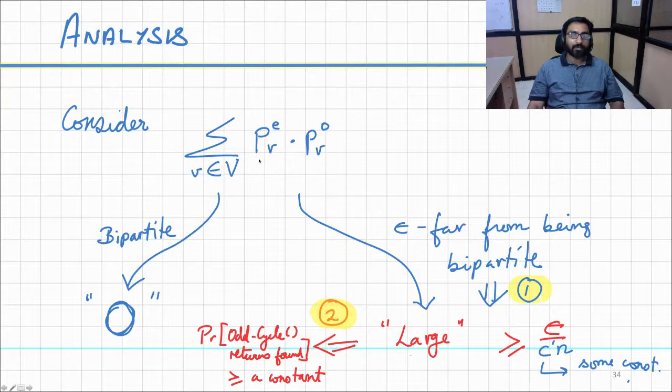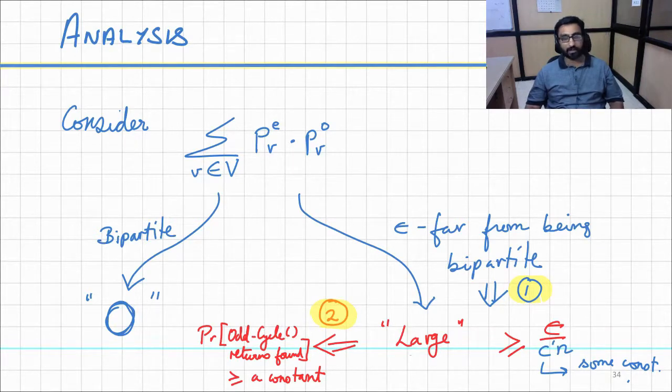In particular, we want to show that it is greater than epsilon over C prime n. And given that the summation is so large, we need to show that the odd cycle subroutine will return a found verdict with some significant probability. These are the two steps of the analysis that we are going to follow.